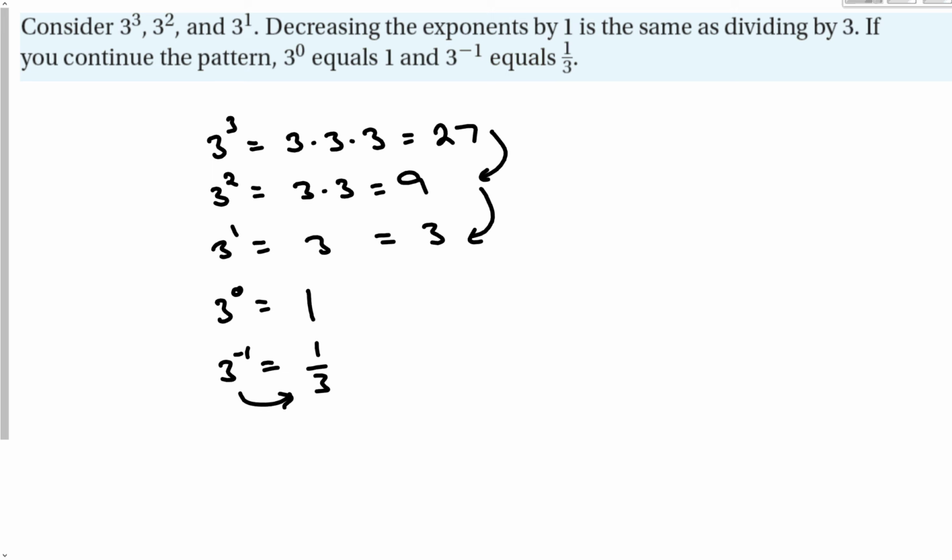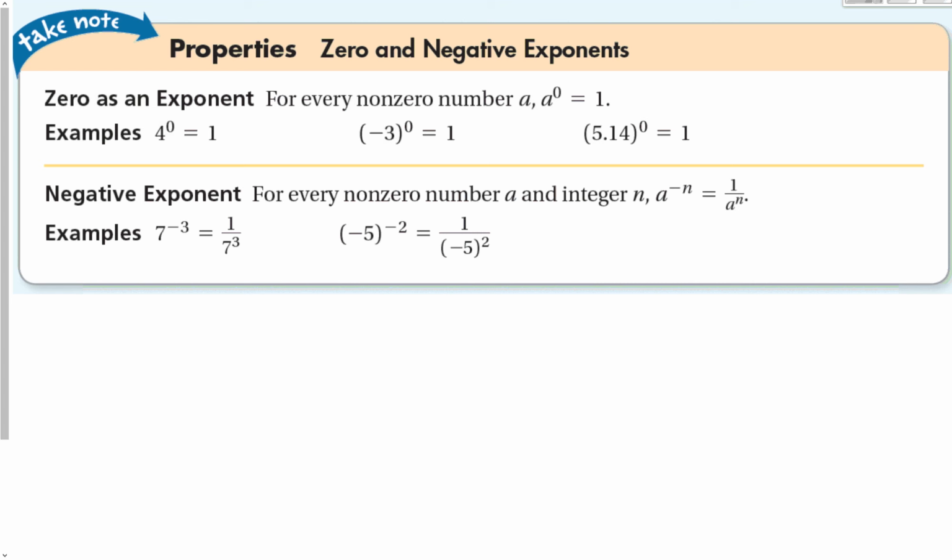So let's extend that to a rule, and we have our properties of 0 and negative exponents. So for 0 as an exponent, every non-zero number a, if we raise it to the 0 power, we get 1, no matter what number it is. It could be 4.